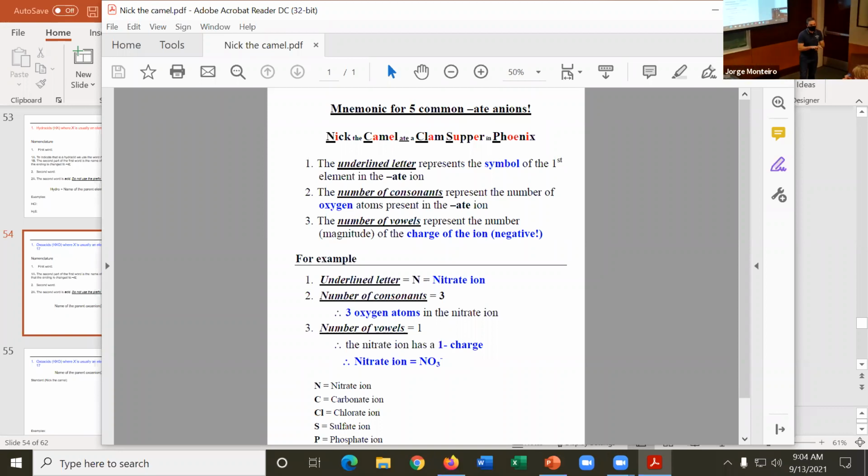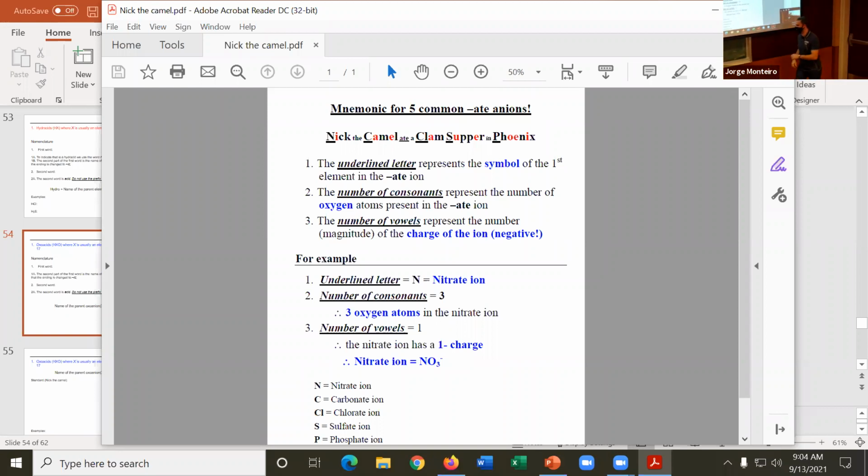Okay, so to remember the most common oxoanions, we can use the mnemonic. The underlined letter represents the symbol of the first element in the oxoanion.